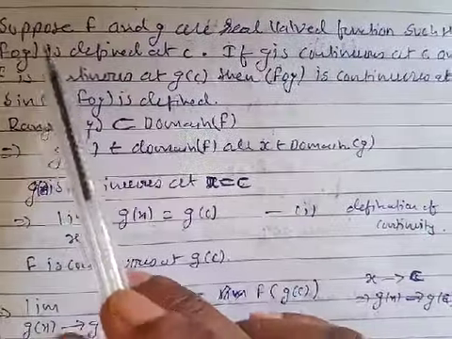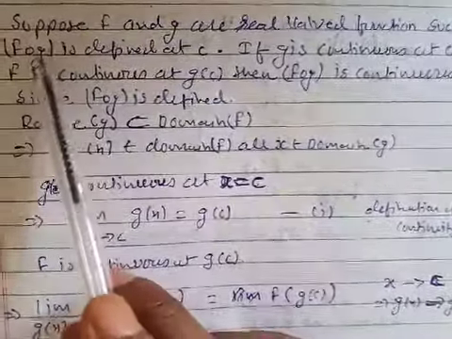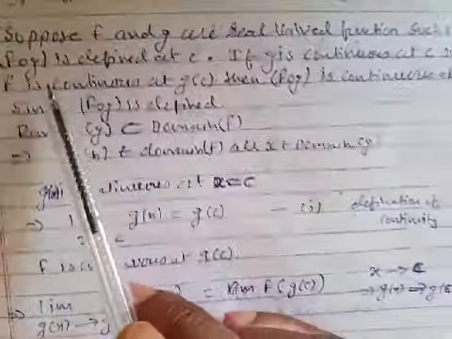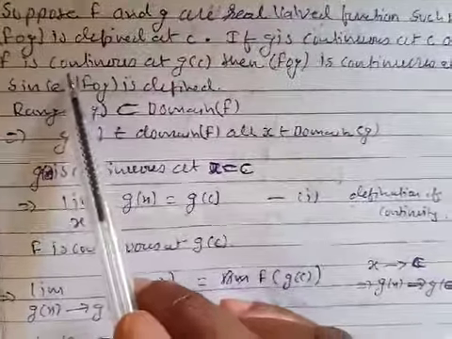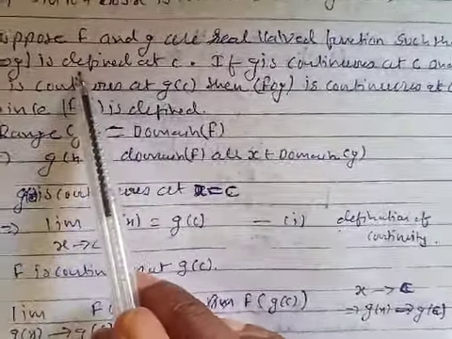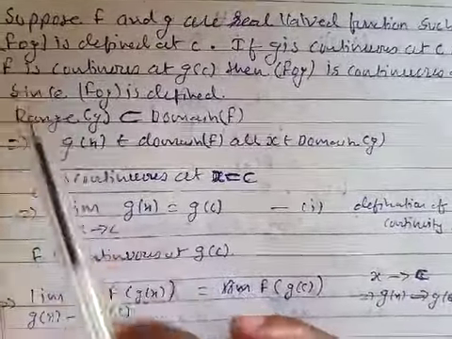It means the range of g is a subset of the domain of f, and g of x belongs to the domain of f for all x which belong to the domain of g.